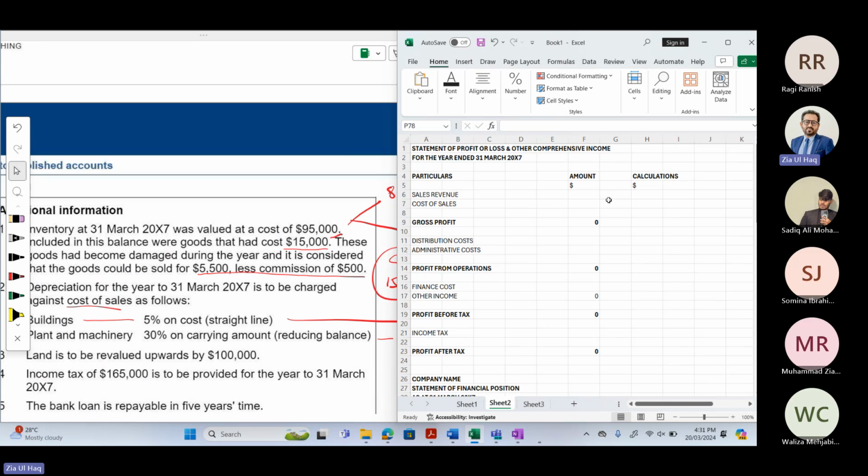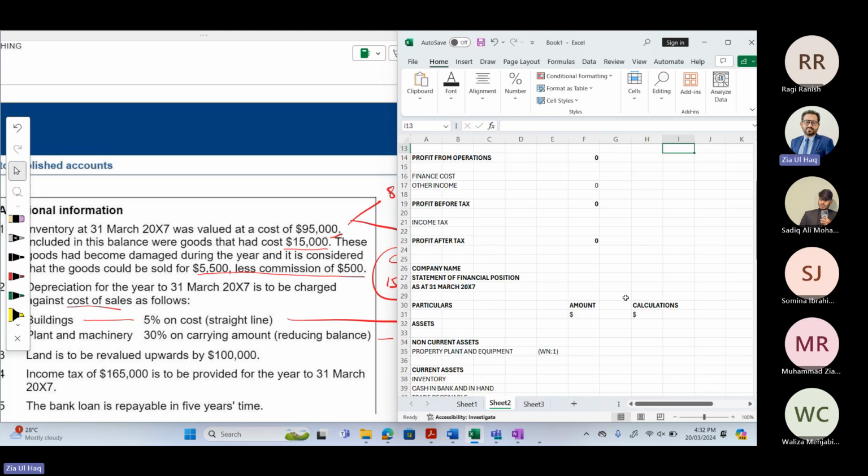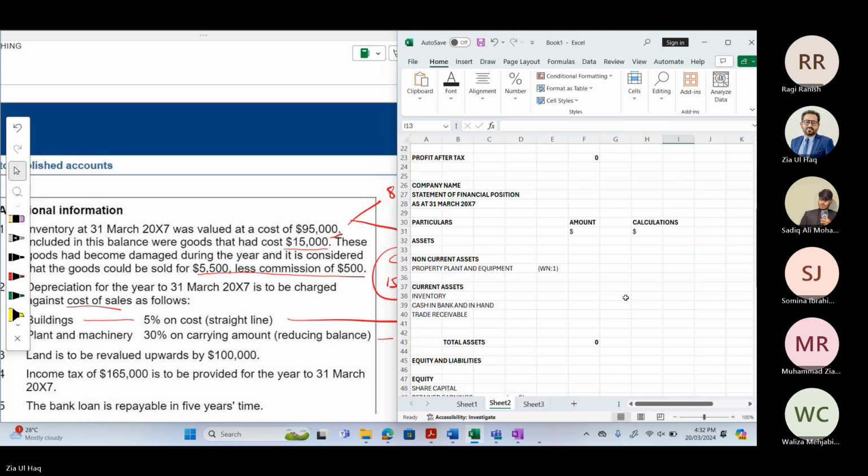So cost of sale will be 0 plus 0 minus 85,000. And current assets will be 85,000.